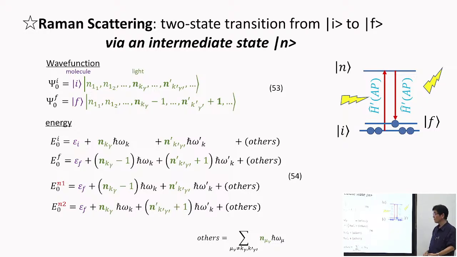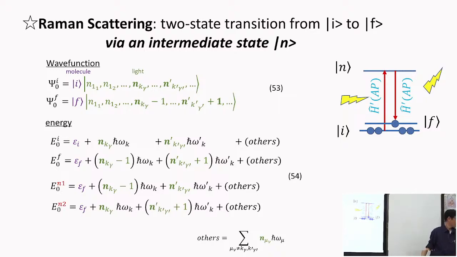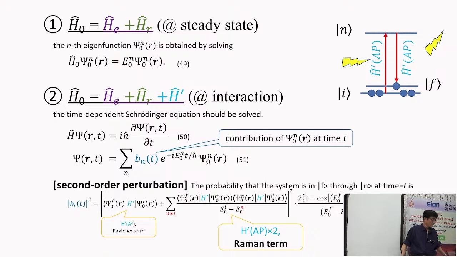Then the initial state is the sum of the energy of the molecule plus the energy of the light. In the final state, something decreases by 1, something increases by 1, and the energy is that of the final state.